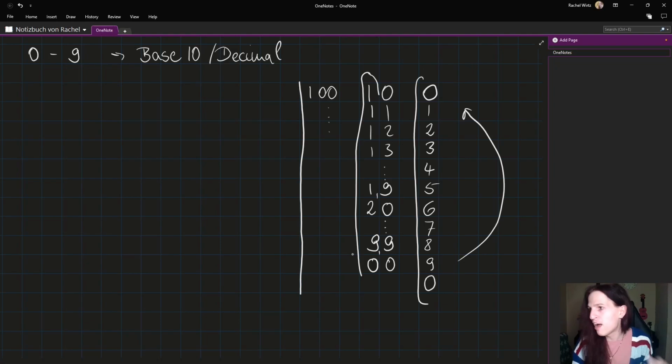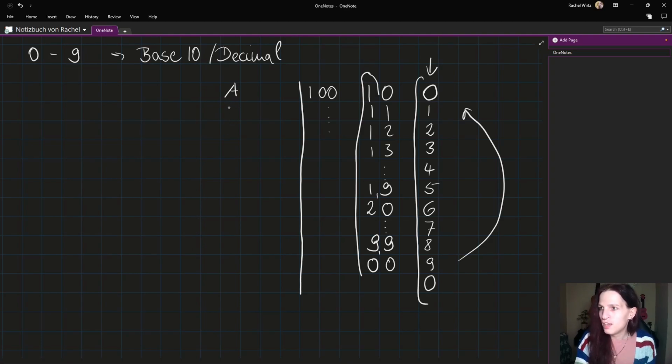It can never have 2 digits, right? So this means that if we have one of our bytes, or imaginary bytes, then we are able to say, okay, this byte can have 10 different states. Let's call this one byte A.